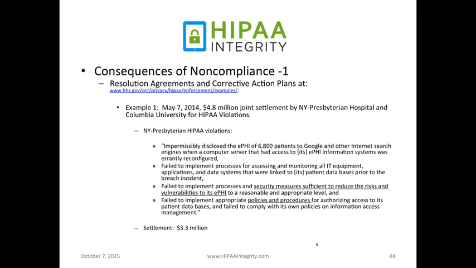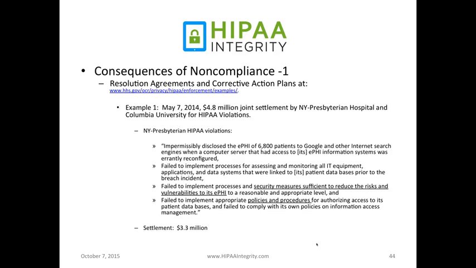This particular one was between New York Presbyterian Hospital and Columbia University Medical Center for HIPAA violations. Each reported a breach, I believe in 2010, 2011. But in the investigation, and all breaches of this type are investigated, they found, you can go online and read these in full, each is about 10, 12 pages.